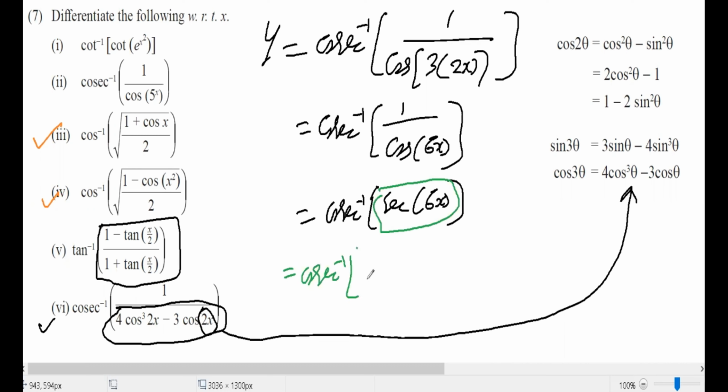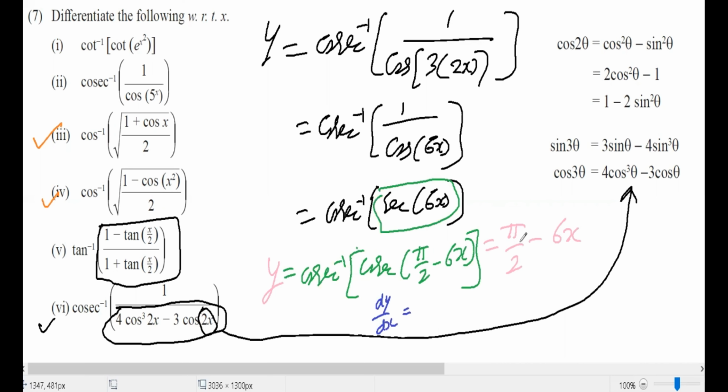I have a formula, cosec of pi by 2 minus 6x. Now here this cosec inverse and cosec will get nullified, and I will get pi by 2 minus 6x. This is my y. Now you can find the derivative of y with respect to x. This is a constant, so it will be 0. Now the derivative of minus 6x is only minus 6. So minus 6 is the answer.